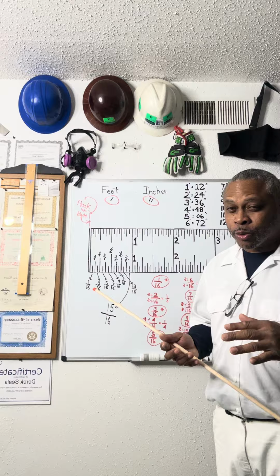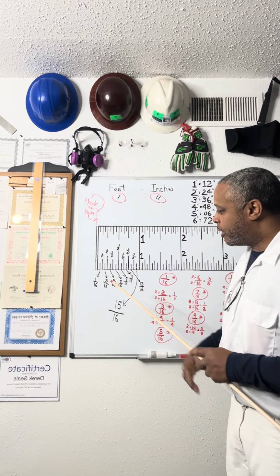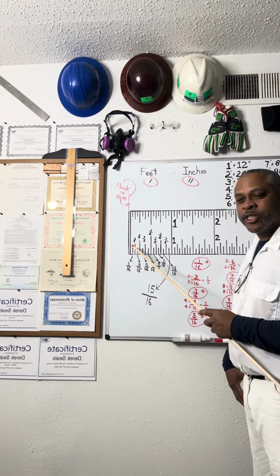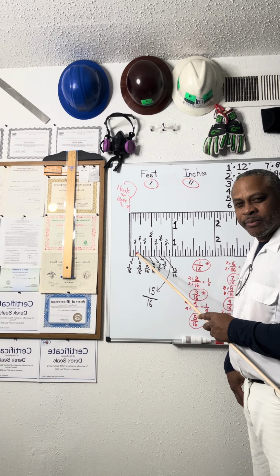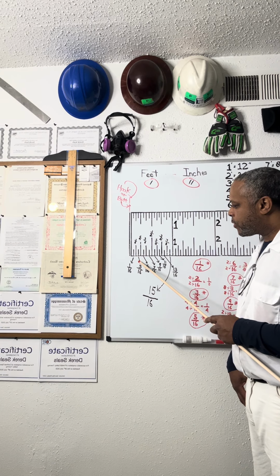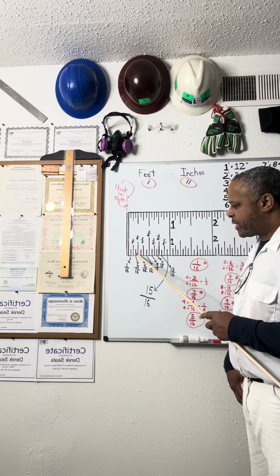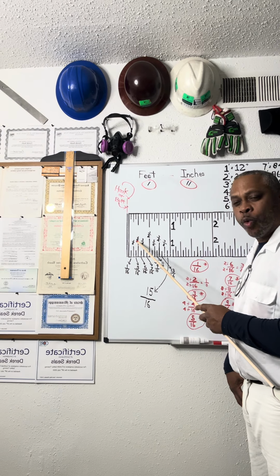Those are original 16ths. When we go to the 1/8 of an inch, his number is 2/16. He goes from 2/16 to 1/8. The 4th 16th is going to be considered as the 1/4.